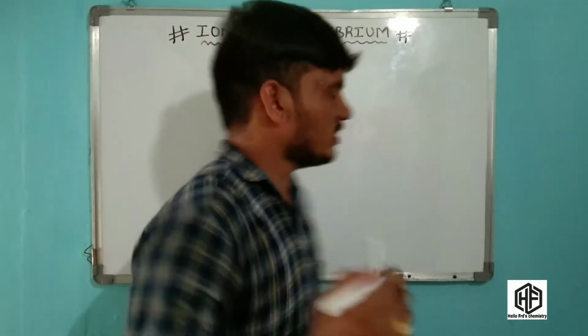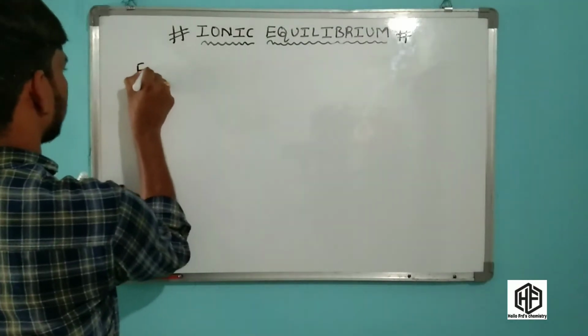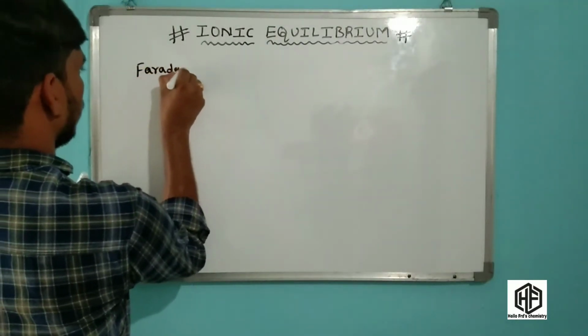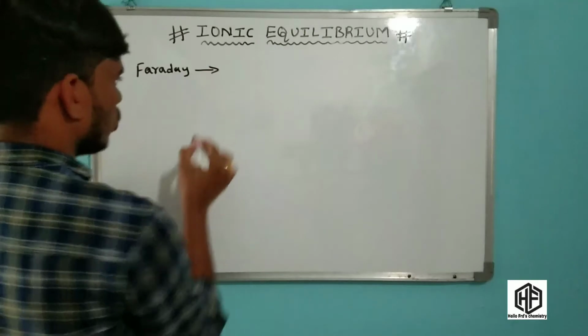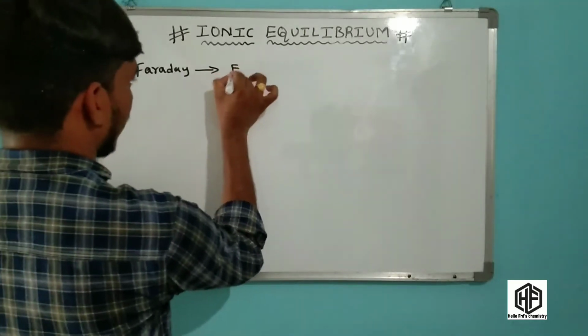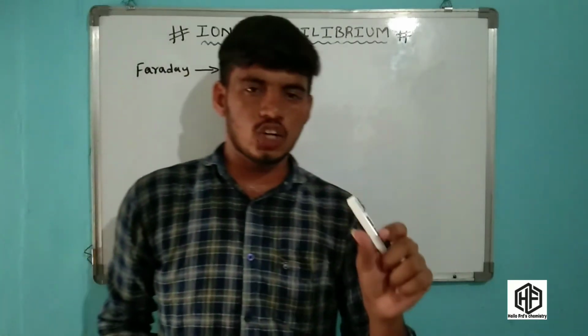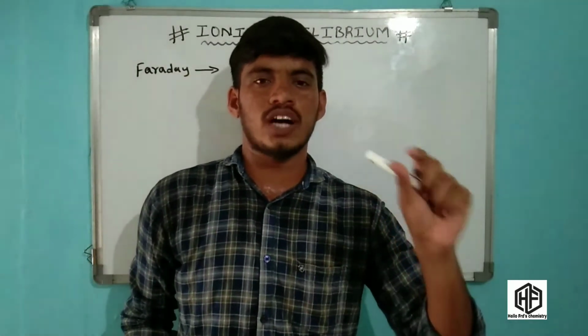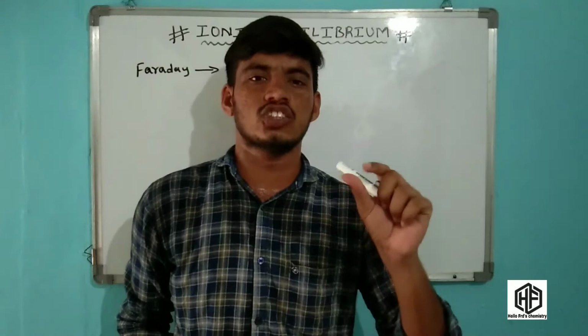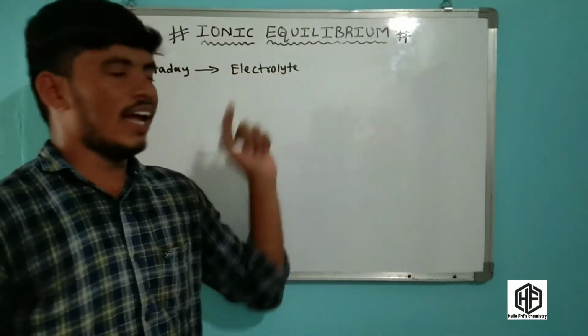Friends, Faraday introduced the topic of electrolyte. What is an electrolyte, friends? An electrolyte is a substance whose ions are produced to conduct electricity in solution.